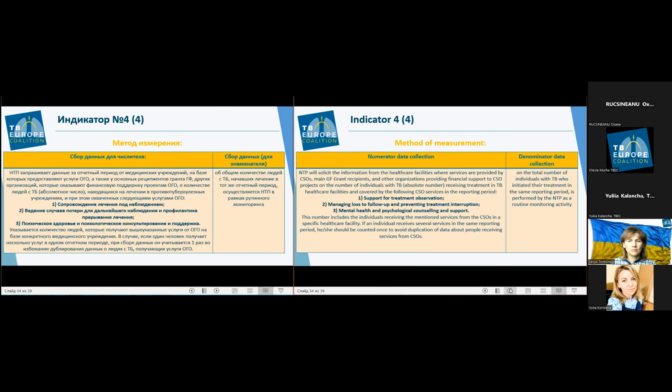And this data should cover the number of individuals with TB, absolute number receiving treatment in TB healthcare facilities, and covered by the following CSO services. This is support of treatment observation, managing loss to follow up, and preventing treatment interruption, and mental health and psychological counseling and support.